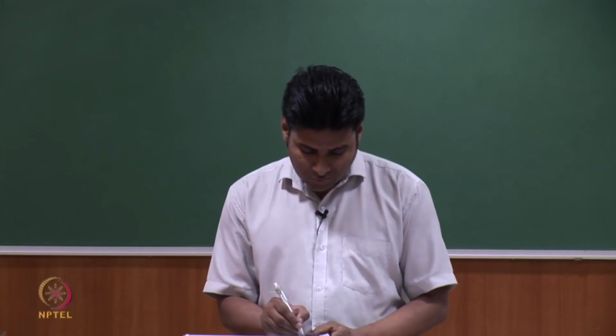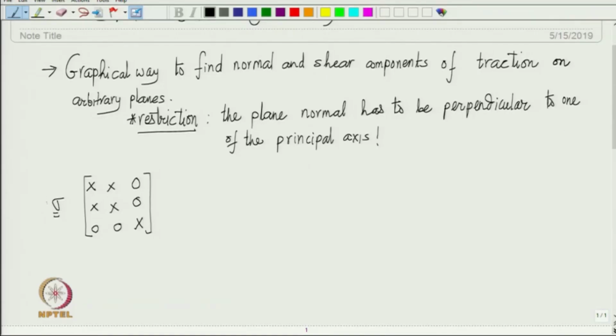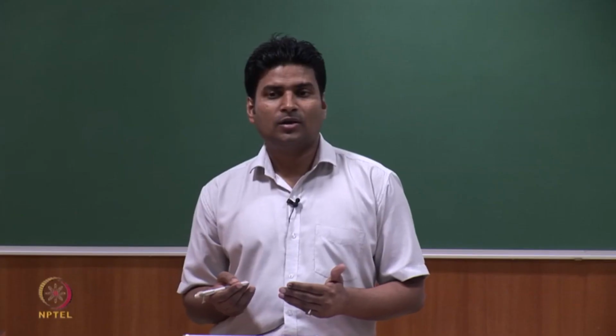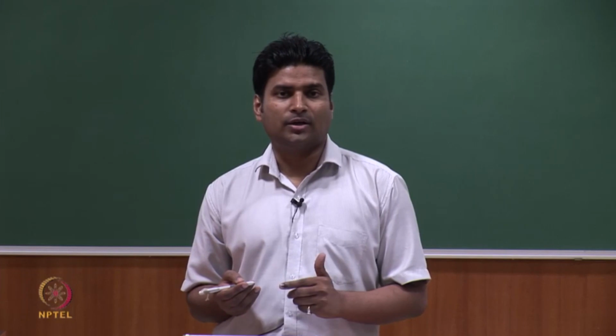The normal direction. So, that is a sigma matrix, whereas the normal direction n becomes n1, n2, 0, right, because again we are only looking for planes which are perpendicular to the third axis.